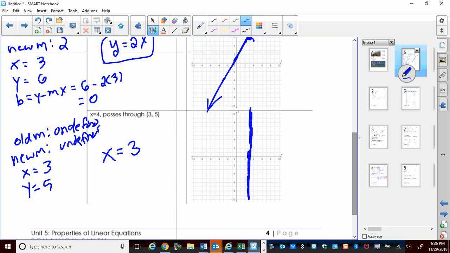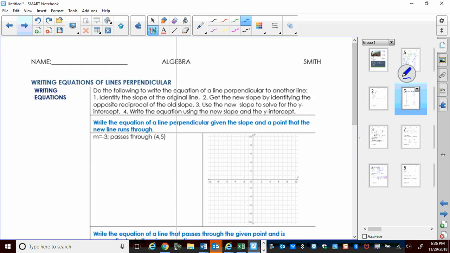My new equation, the graph of this equation, is at x equals 3. Okay? Next, writing equations of lines that are perpendicular. So it's a similar setup. The only difference is our new slope, the new m, is going to be the opposite reciprocal.